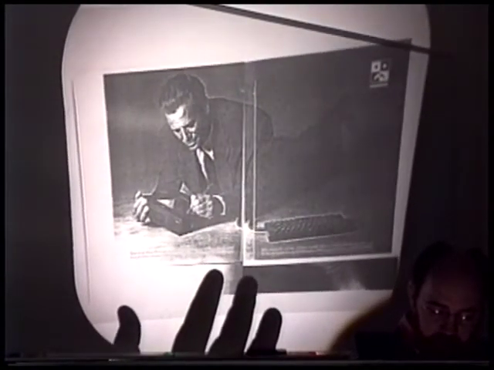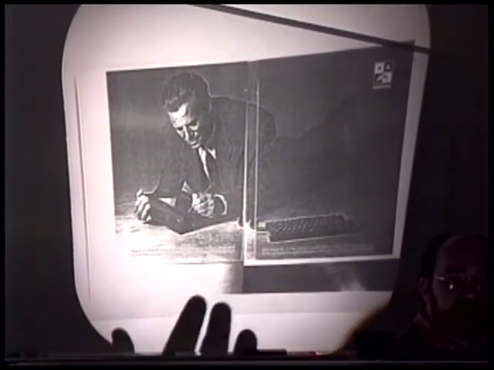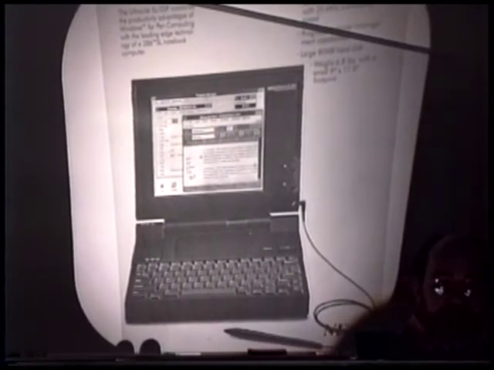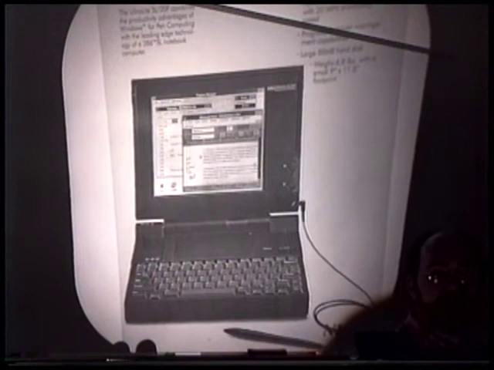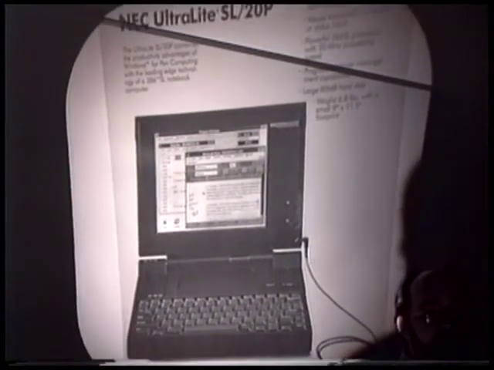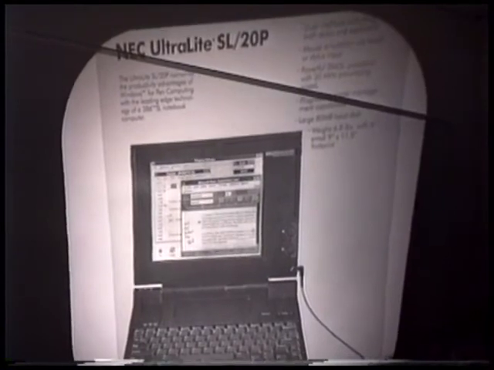Momenta, which probably wins in terms of interesting pictures of their equipment. The NEC Ultralight. A couple of people referred to this as a flop top because with the digitizer put into the top of an existing clamshell PC, it tends to flop over when you write on it.